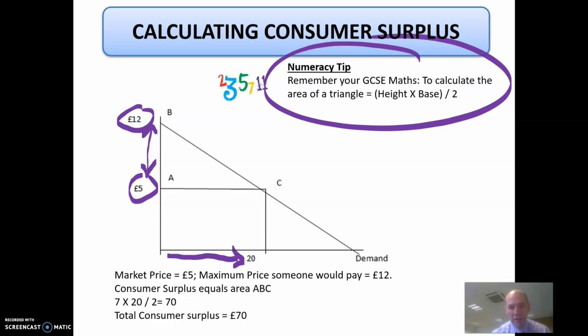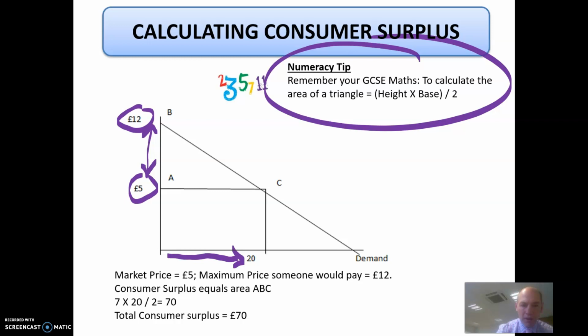So height was 7, the base is 20, 7 times 20 is equal to 140, divided by 2 because it's obviously not a full square, and the consumer surplus measured in pounds in this instance is equal to £70.